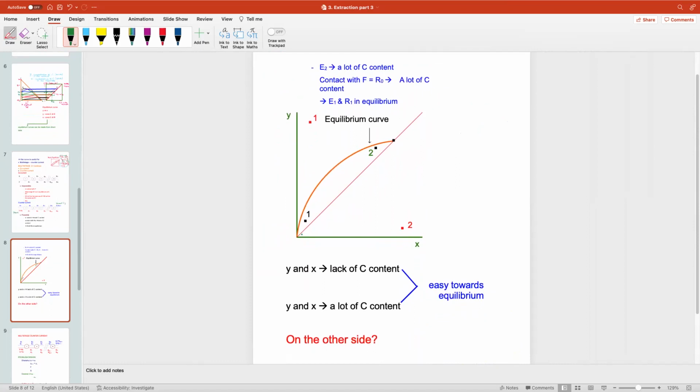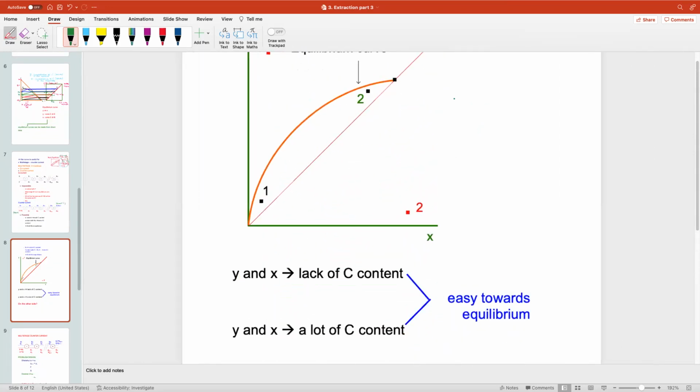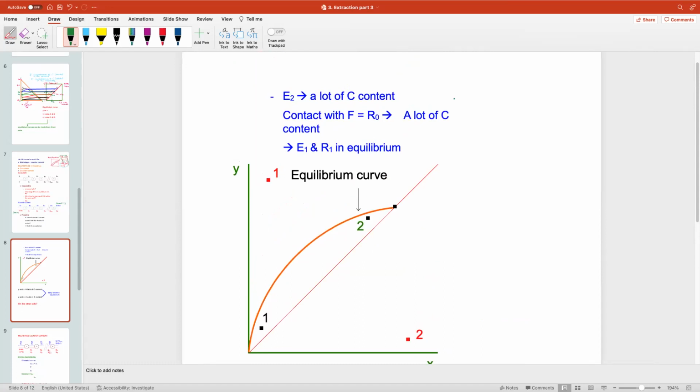Okay, so in the equilibrium curve from, maybe, yeah, this is very beneficial with the equilibrium. For example, here we have stage 1, stage 2, stage 3, and so on to stage n.